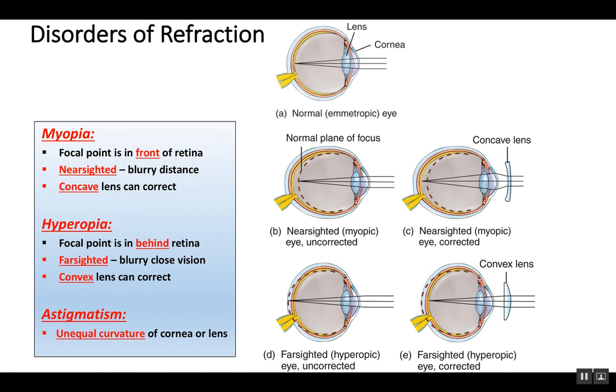There's a number of other eye disorders that are non-refractory. Glaucoma, which is a death of ganglion cells due to a high intraocular pressure. Cataracts. Cataracts is blurred vision due to cloudiness in the lens. And cataract surgery can remove that lens and replace it.